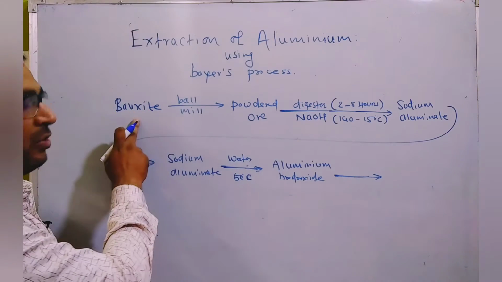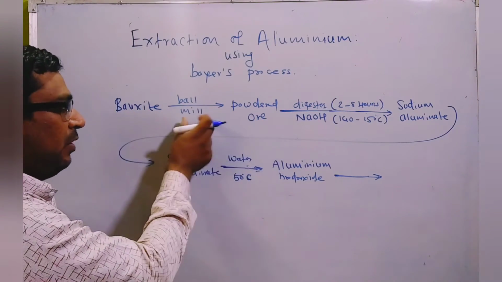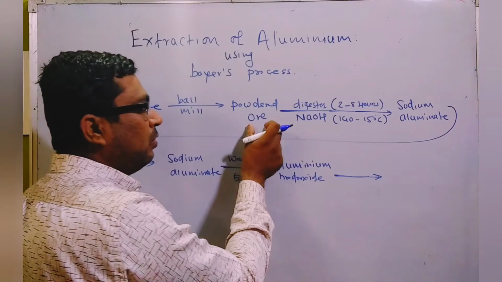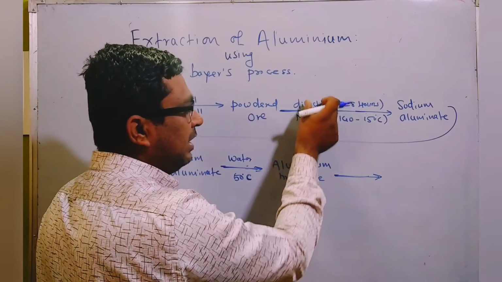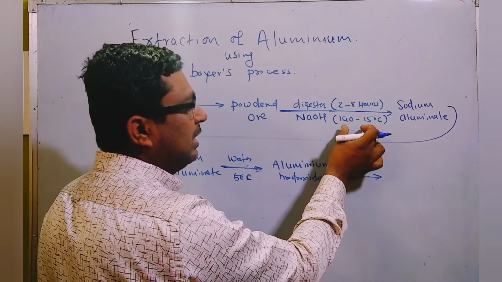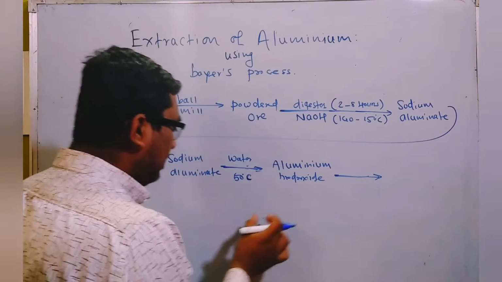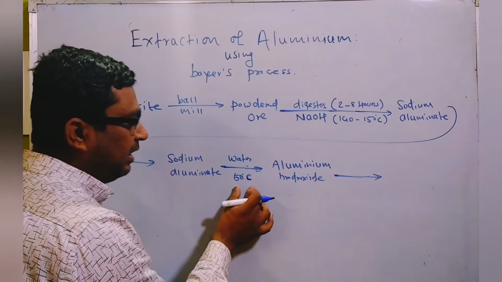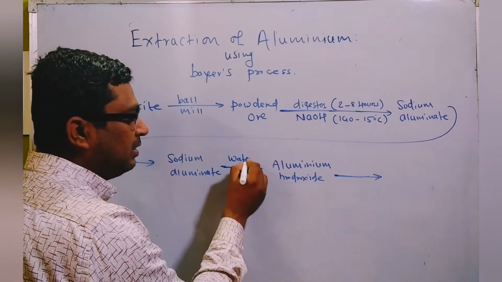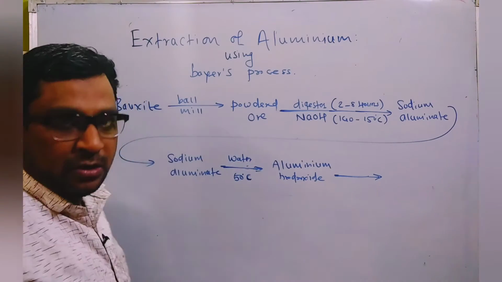Observe. First of all, bauxite is converted to the powder format using the ball mill. Now this powdered ore you have to mix with the caustic soda in a digester for 2 to 8 hours at 140 to 150 degrees Celsius. You get sodium aluminate. Further, this sodium aluminate you have to cool at 50 degrees Celsius by adding water to it, and you get aluminium hydroxide.